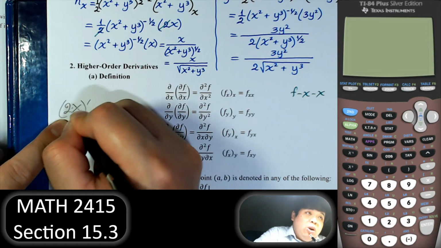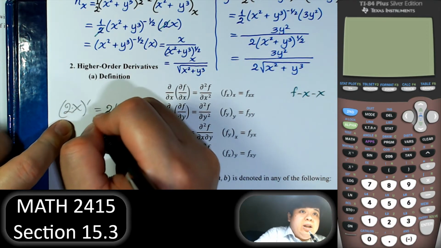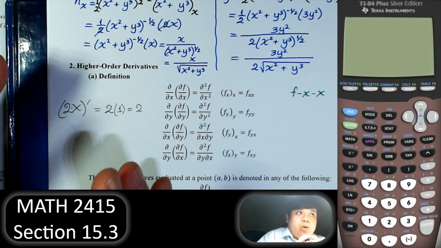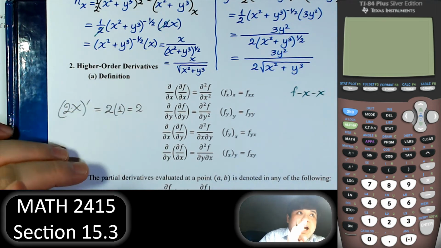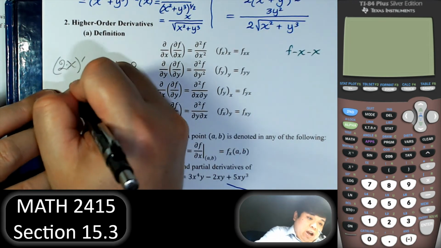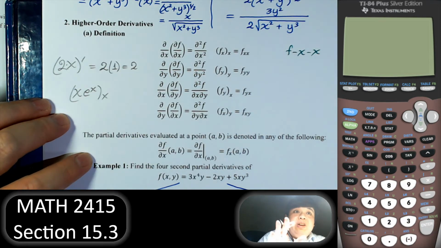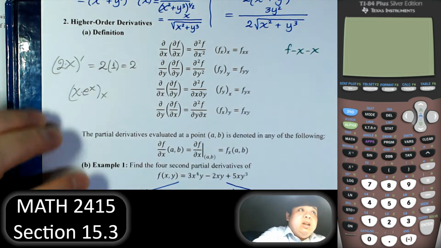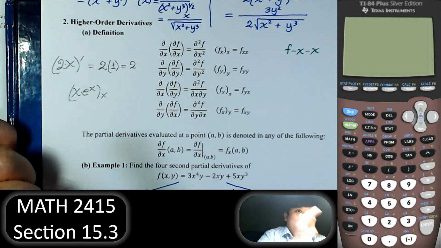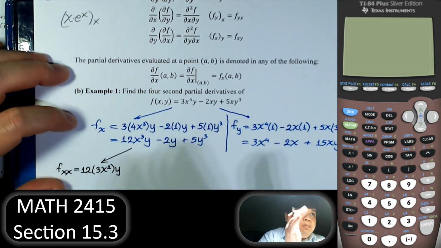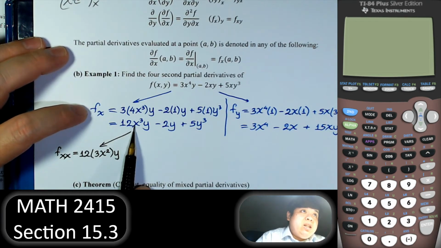So we don't take the derivative of the constant multiplied to it, we just take the derivative of the variable. If the variable shows up at one place. If we have x times e to the x with respect to x, that's a completely different story. This has to be a product rule because x shows up in two different places. Here, it only shows up at one place, everything else is constant.